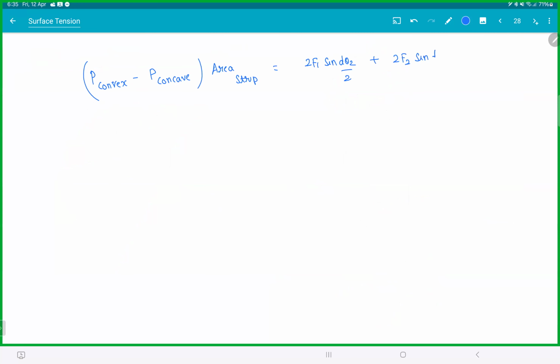It's okay, it's a derivation, don't worry too much about it. The final result is more important. The area of the strip you can treat as a small rectangle, R1 d theta 1 times R2 d theta 2.